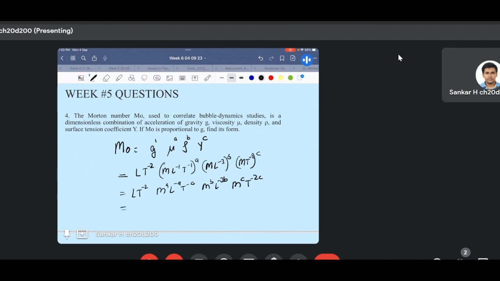Clubbing all the common terms, we'll get L raised to 1 minus A minus 3B, M to the power A plus B plus C, and T to the power minus 2 minus A minus 2C.